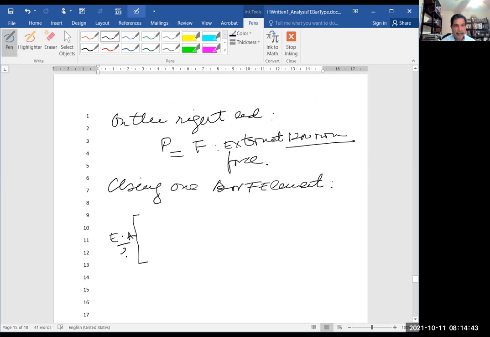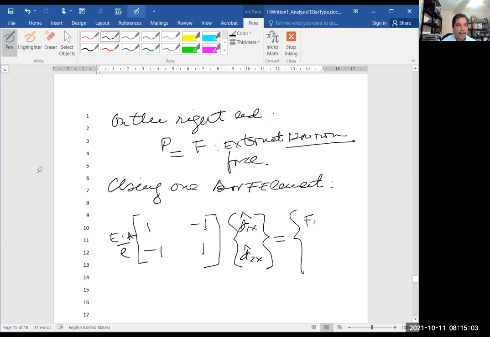EA over L, with the matrix 1, minus 1, minus 1, 1, times D1x, D2x, and it's equal to F. I'm sorry, this has to be little, so it's f1x and f2x.